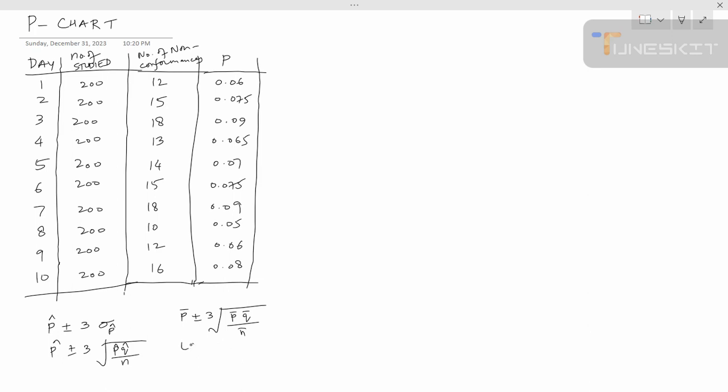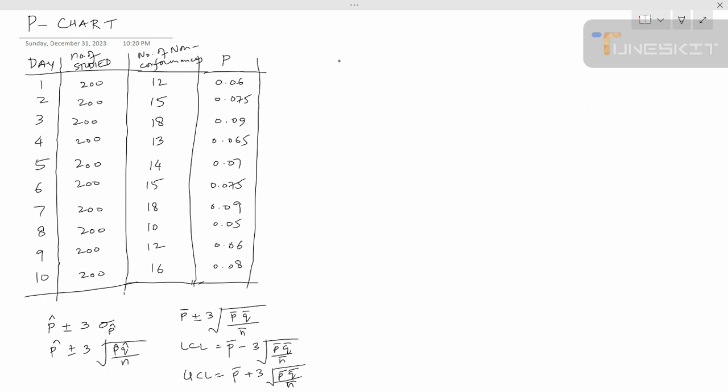So LCL has the formula p bar minus 3 times the square root of p bar q bar over n bar, whereas UCL has the formula p bar plus 3 times the square root of p bar q bar over n bar. Now we are going to compute p bar.